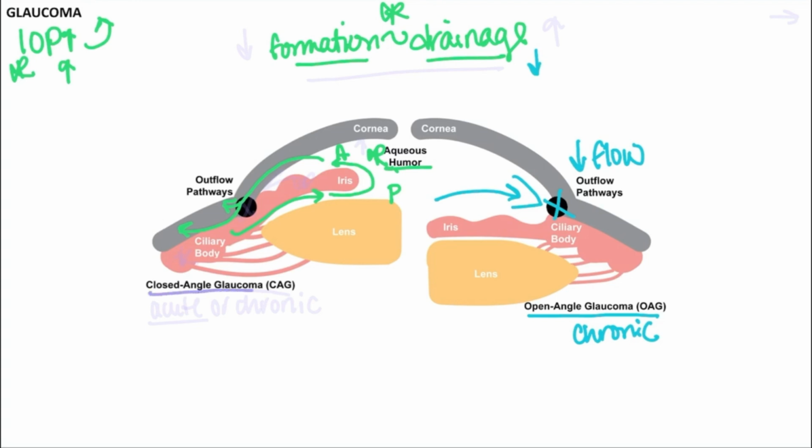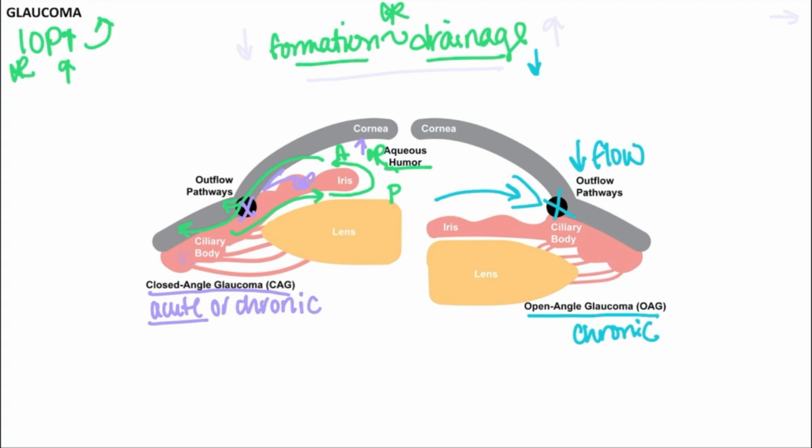Closed angle glaucoma, or CAG, on the other hand, can be acute or chronic, with acute actually being a medical emergency requiring swift intervention to prevent irreversible blindness. As I alluded to previously, closed angle glaucoma no longer maintains this open drainage angle, leading to the iris, for example, obstructing the outflow pathways and leading to a buildup of aqueous humor and increases in intraocular pressure, either acutely or chronically.